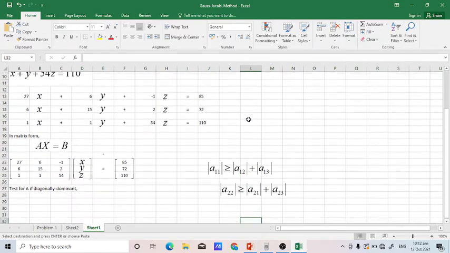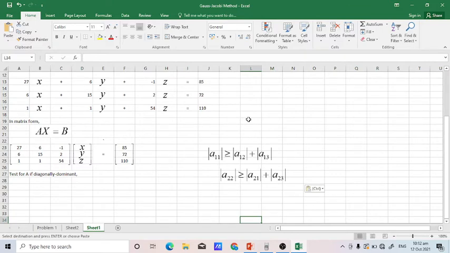So we have Ax equals b, no? So alam niyo na itong gawin, yung matrix A. So no need to explain this, no? Then this is 85, 72, 100. So i-copy mo lang dyan, no?